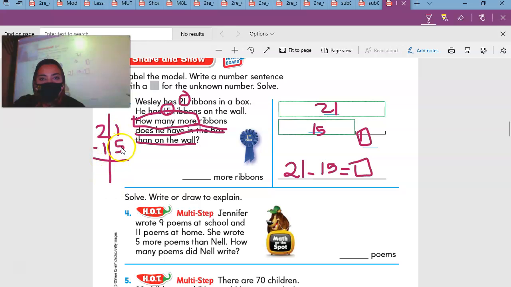What's 1 take away 5? Can't do it. If the top number is smaller than the bottom number, you have to regroup. What's 11 take away 5 again? We just did it. 6. What's 1 take away 1? 0. So Wesley has 6 more ribbons.